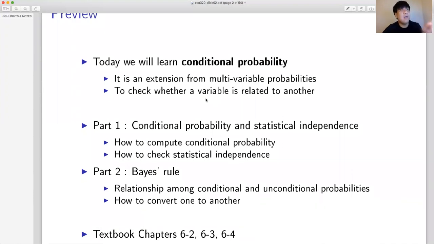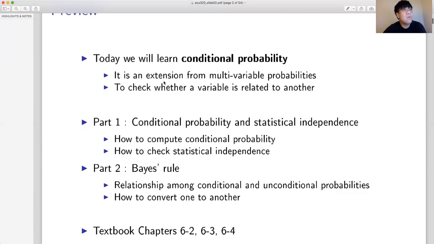I have another screen that I'm sharing with you on another monitor. So today we will learn conditional probability. It is an extension of the multivariable probabilities that we have learned previously, like where they are living and what their gender is, in two-sided tables. That was the previous case. The purpose of this is to see whether a variable is related to another.